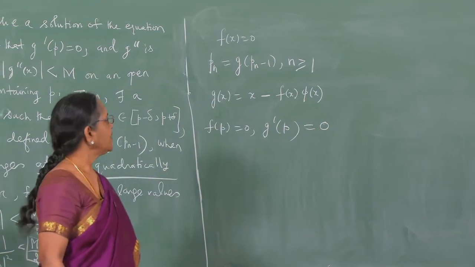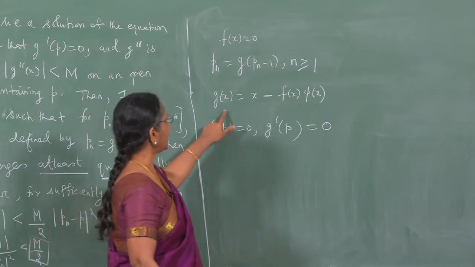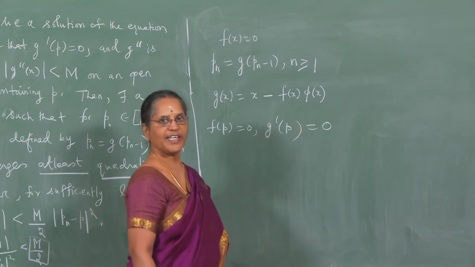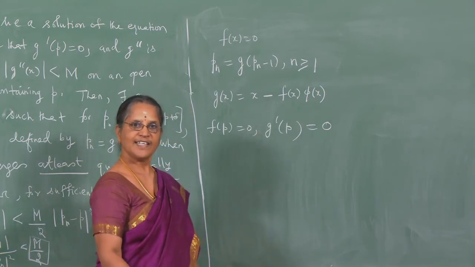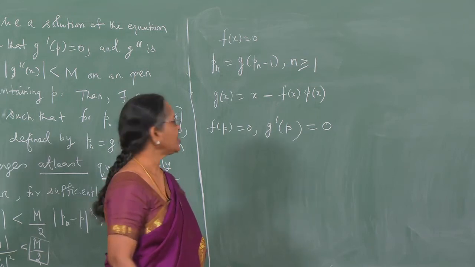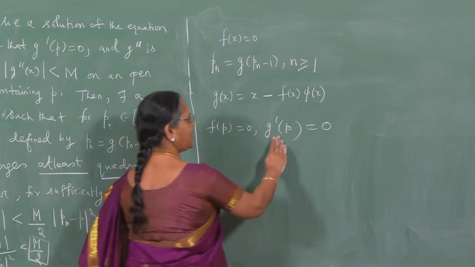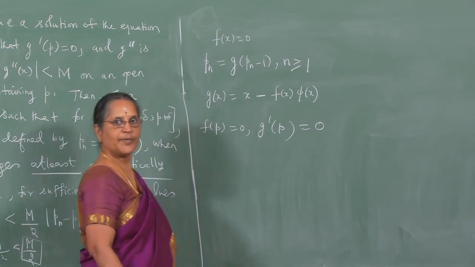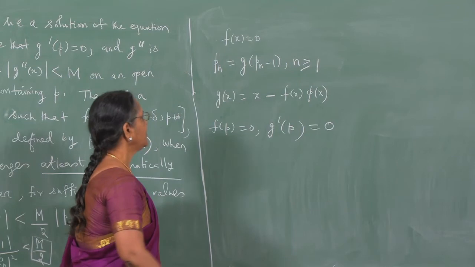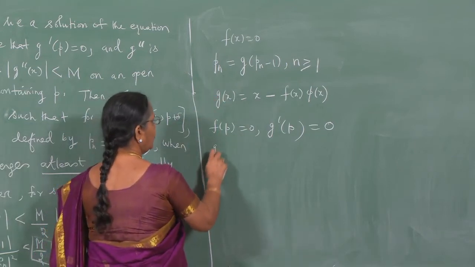You want the function g to be such that g must be of the form x minus f of x into phi of x, where phi of x is a differentiable function, it is an unknown to be determined in such a way that g dash of p is equal to 0, and p is a fixed point for the function g. So, let us write down what g is.